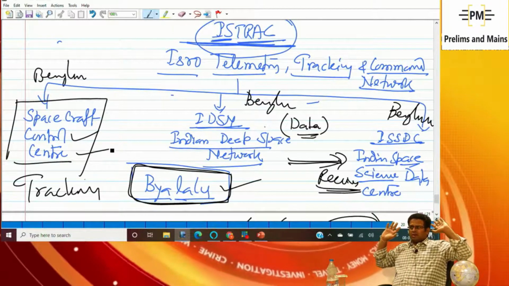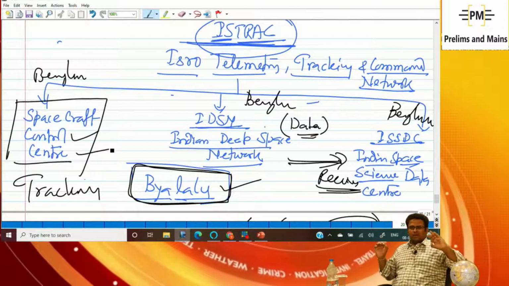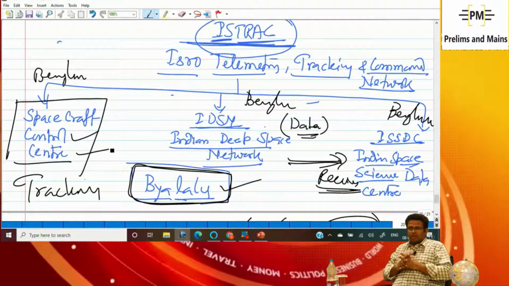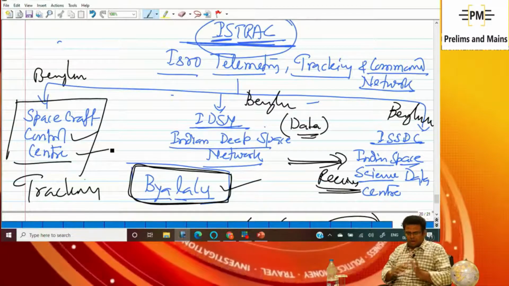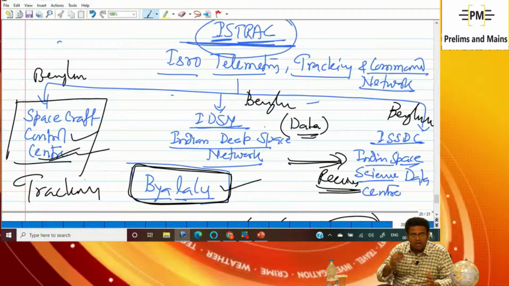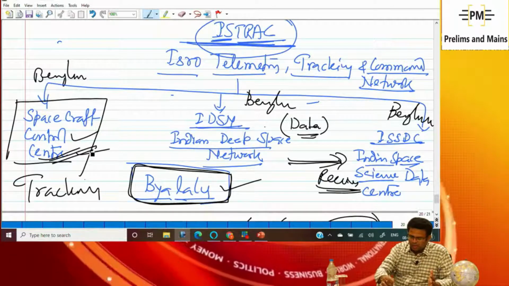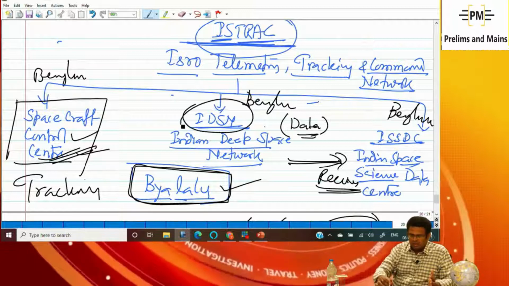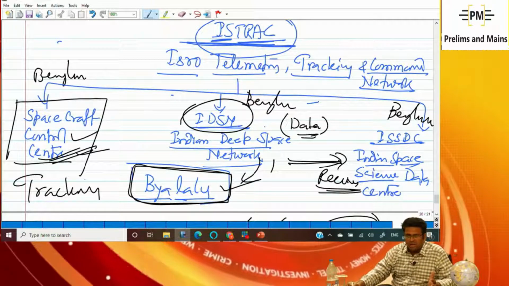It is ISRO Telemetry, Tracking and Command Network. Telemetry means measuring things from far away. The spacecraft is tracked and commanded on how to move, and then the IDSN takes the data, and this data is given to ISSDC.